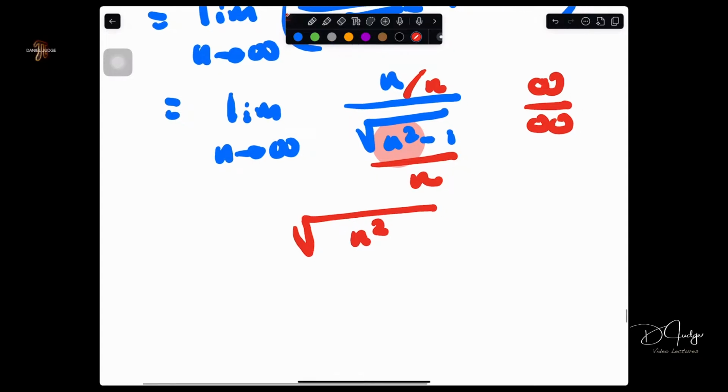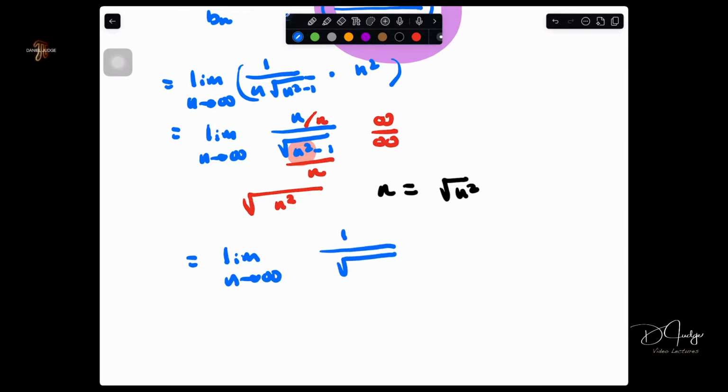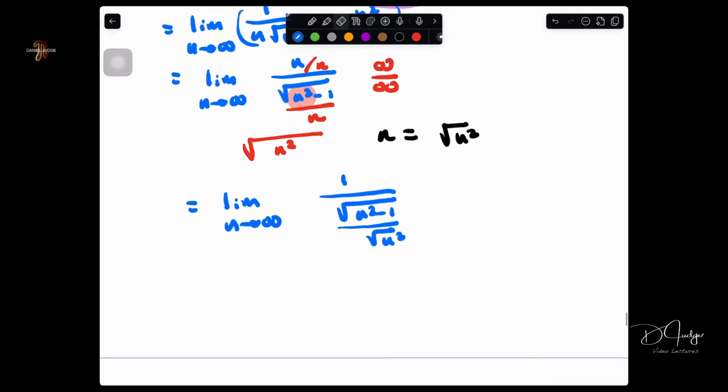Now, I can write this a few ways here. I'm going to say this. n is the square root of n squared here. So, the limit now, as n goes to infinity, the numerator is 1. The denominator is the square root of n squared minus 1 divided by the square root of n squared.